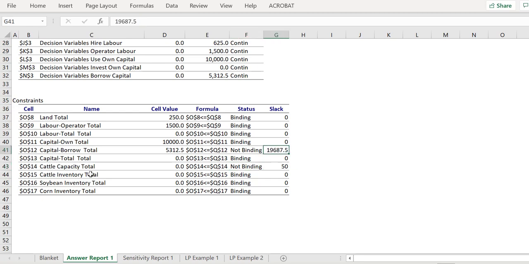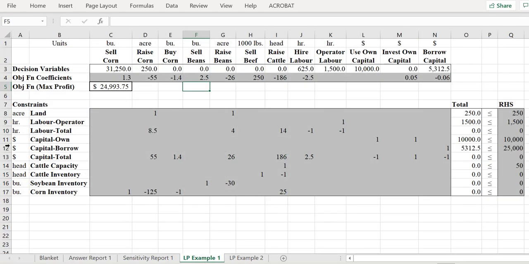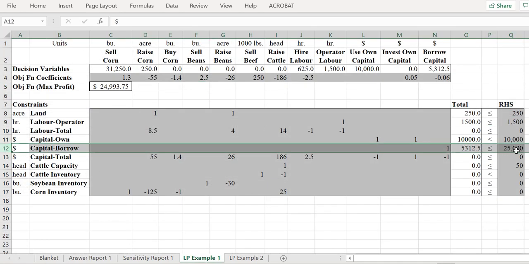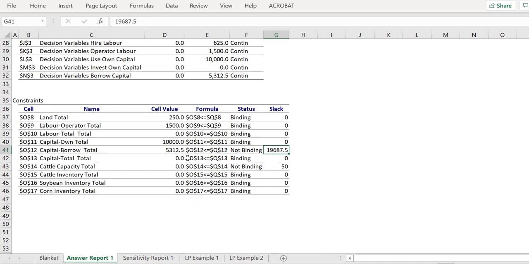This one is capital borrowed. The producer can borrow up to 25,000 here, but it ended up only borrowing $5,312.5. So this variable here is the slack value, which is the amount that the producer could borrow but didn't end up borrowing.